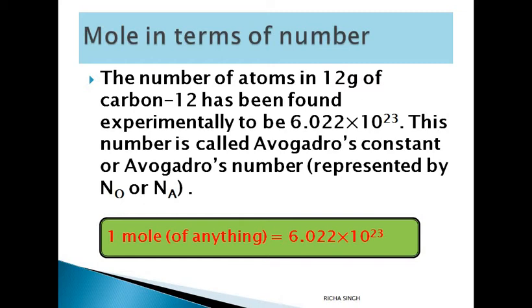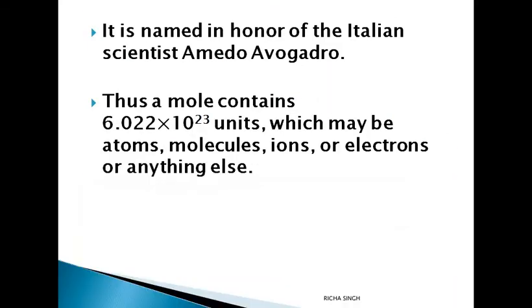So in terms of number, if I say 1 mole, it means 6.022 into 10 raised to the power 23. If I say 1 mole of bananas, what is its number? Its number is equal to 6.022 into 10 raised to the power 23. The name has been taken from the scientist Amedeo Avogadro.